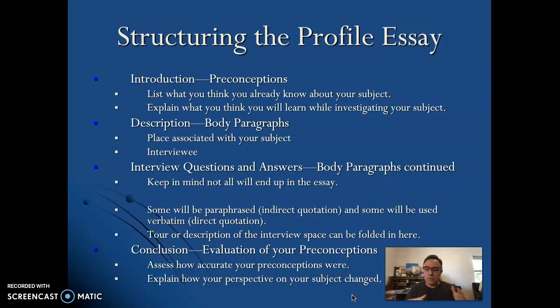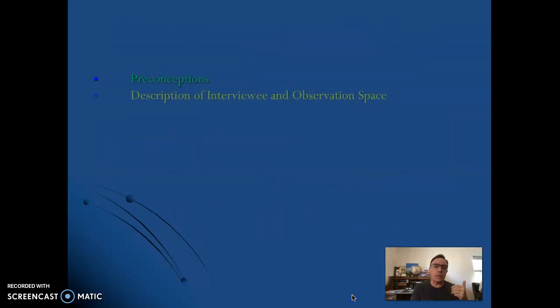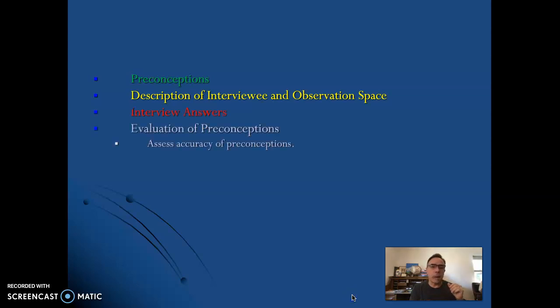Now, how do these all flow together? In little layers within each body paragraph. If you want to see how this works in action, do this. What I sometimes will have my class do is take out one of the profiles I've given them as an example, whether it's a student example or a professional example, and then download it as a Word document or as a PDF.